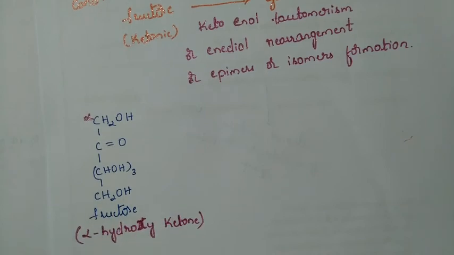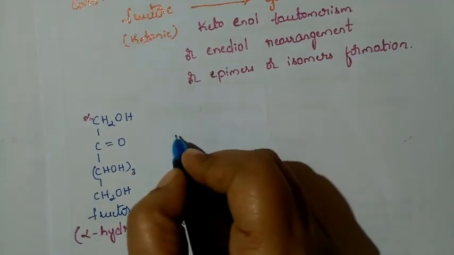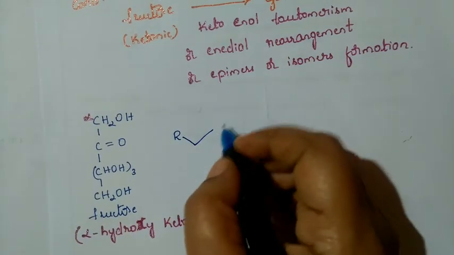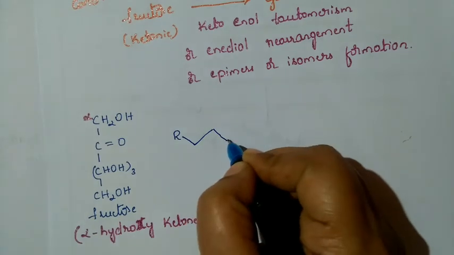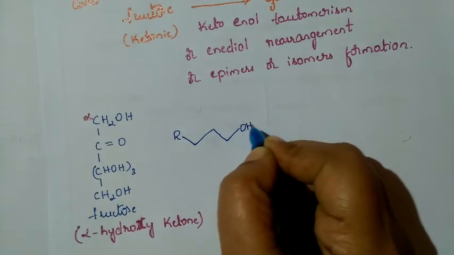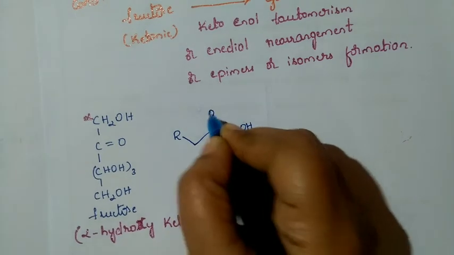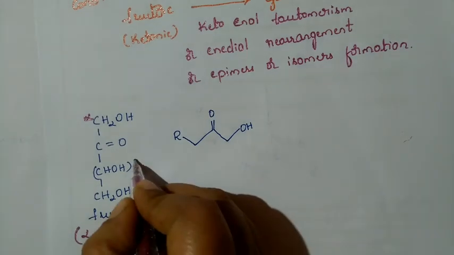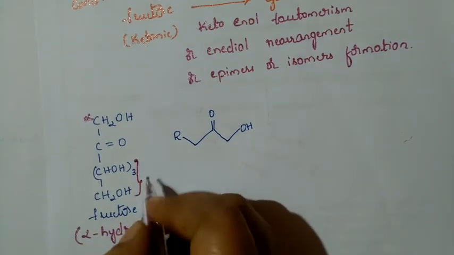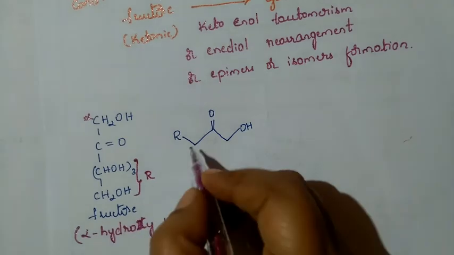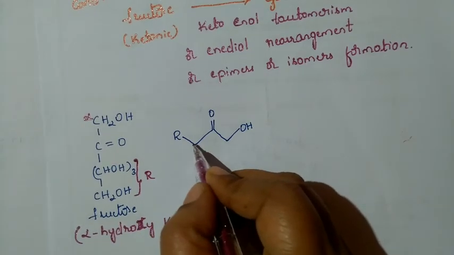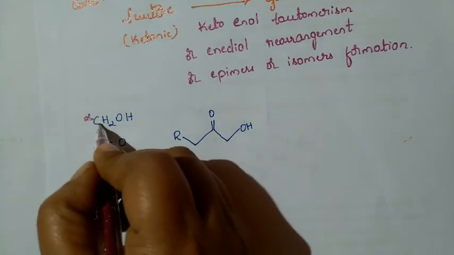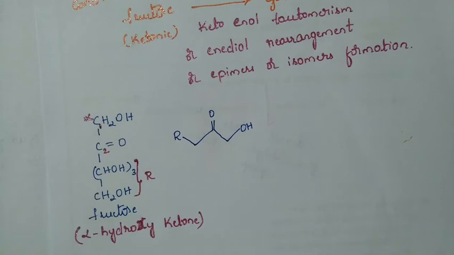In short form, I am going to write it as R, OH, double bond O. This entire part is our R group. Directly, one carbon we have left, and this is our first carbon, and this is our second carbon.